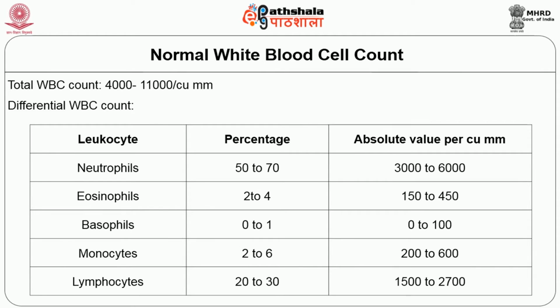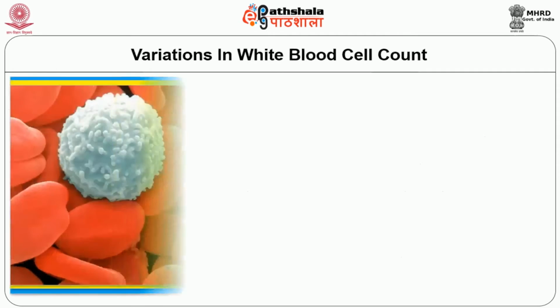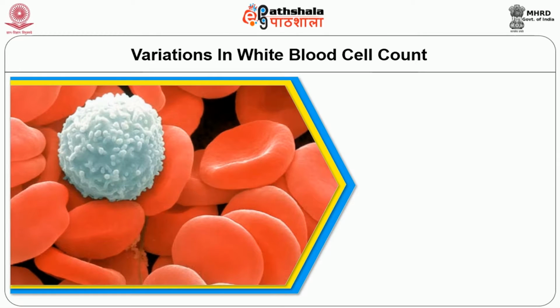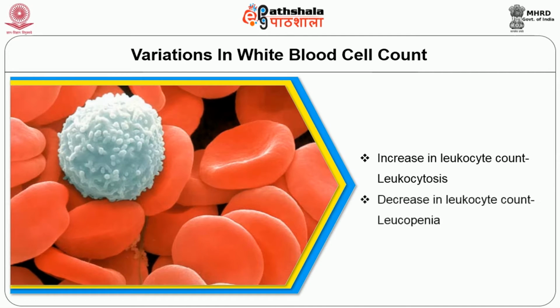Now, you can see the values of the different types of WBCs, that is the neutrophils, the basophils, the eosinophils, the lymphocytes, etc. So from the values you actually know which one is larger in number. Now, what are the variations in the WBC count? The increase in leukocyte count is known as leukocytosis, whereas the decrease in the count is known as leukopenia.